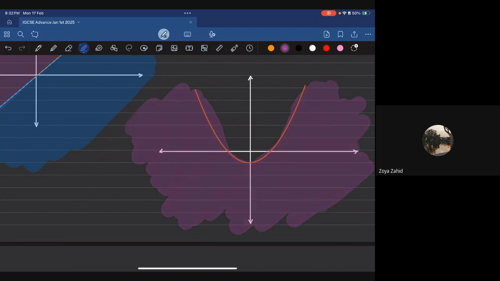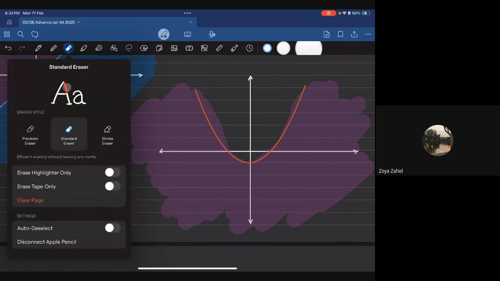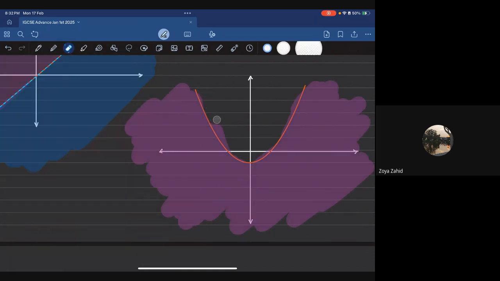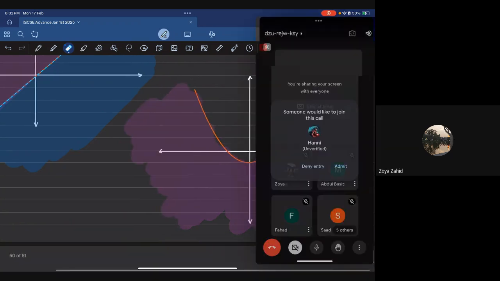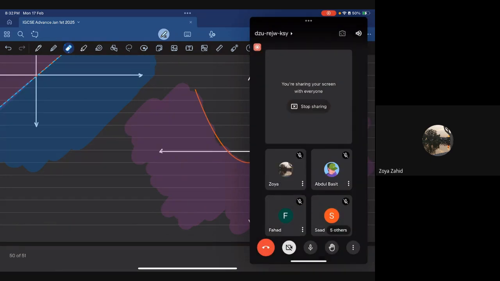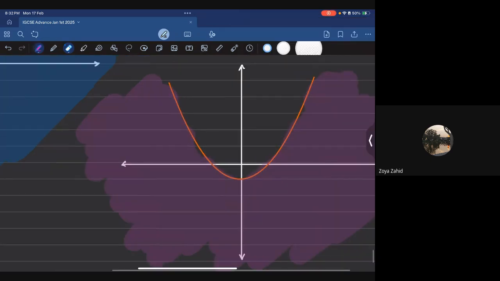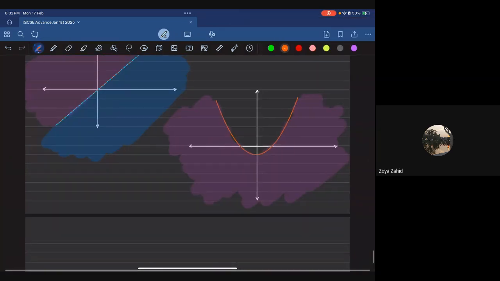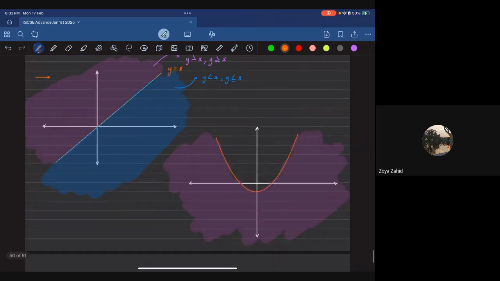If I'm shading outside of the curve, what type of inequality do you think would determine this? Yes, guys. Wow. Money is on time.